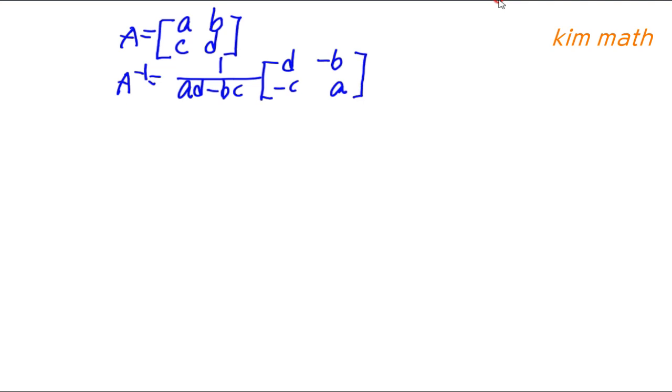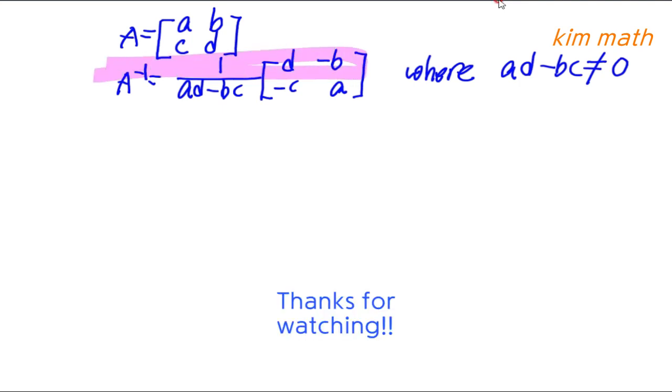And definitely your denominator AD minus BC must not equal 0. This is the inverse matrix, which means A times A inverse will be the identity matrix I.